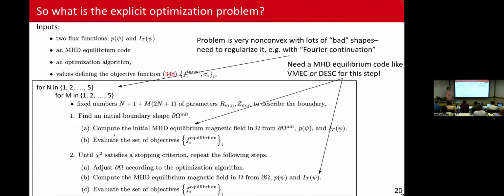Moreover, and this is a bit advanced, but the problem is very challenging. It's a non-convex landscape, and it's got lots of bad shapes where it's hard to find an equilibrium with closed flux surfaces. And so in practice, we do something called continuation methods or Fourier continuation, which means you start at super low resolution, like just one or two modes in describing the boundary.